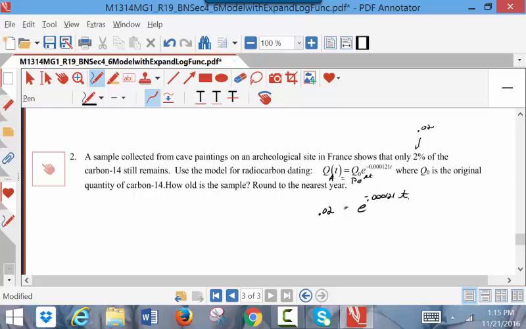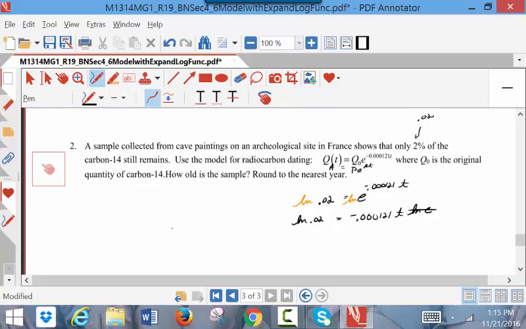This is bound to be a bunch of years if only 2% is left, right? Okay, so now to take the natural log of each side, which is going to pull this exponent to the front. So I have the natural log of 0.02 equaling a negative 0.000121t, natural log of e, which they're dropping off because the natural log of e equals 1.